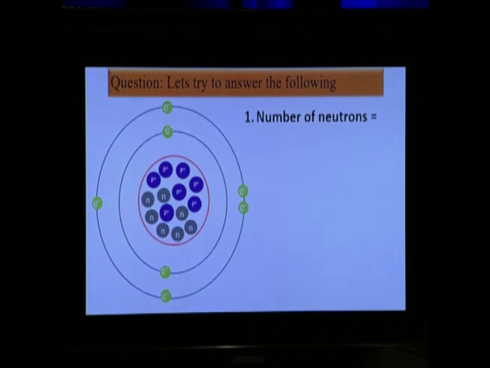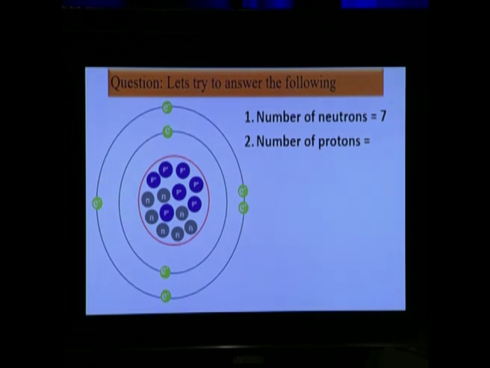Hope you got the answer. What you need to do is just count how many N you can see on the screen. So, that is 7. Next, the number of protons. Try to write down the answer.